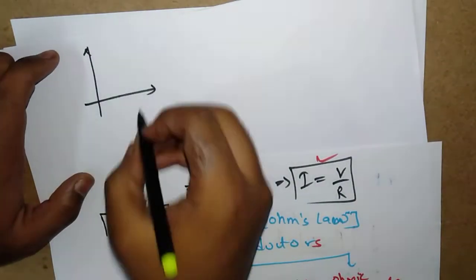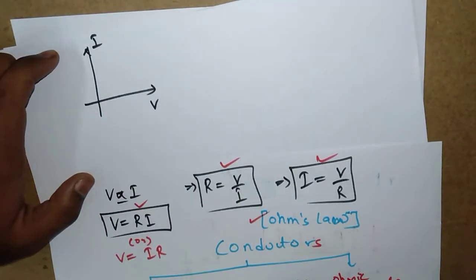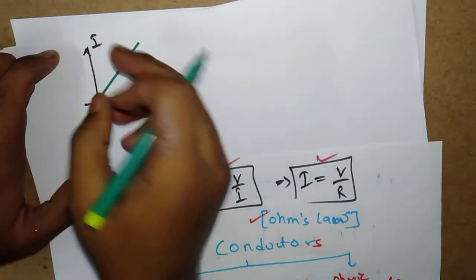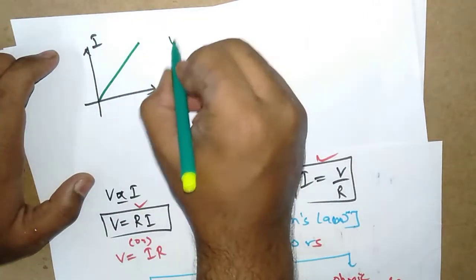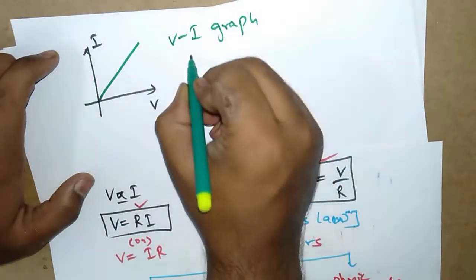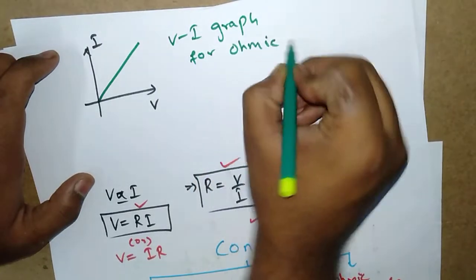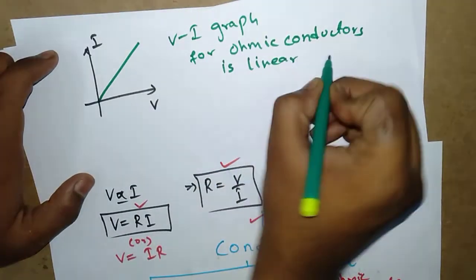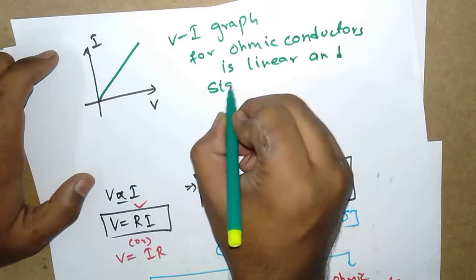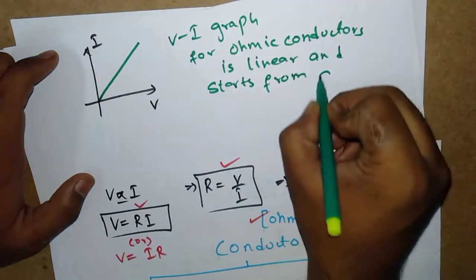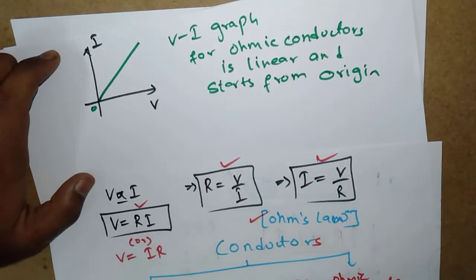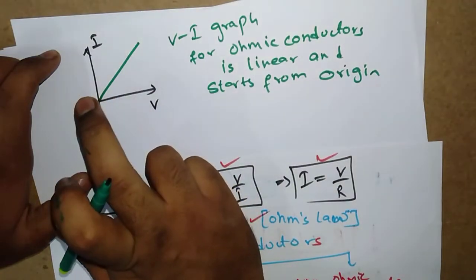For ohmic conductors, the VI graph is linear like this, and starts from the origin. This is the origin, and the graph for VI is linear and starts from the origin.